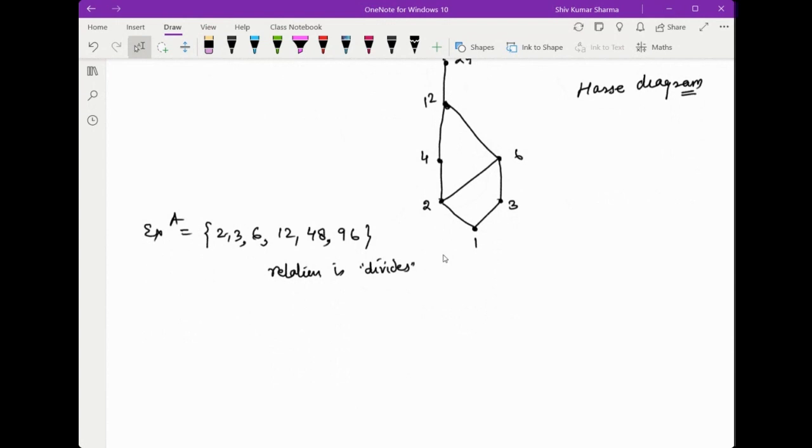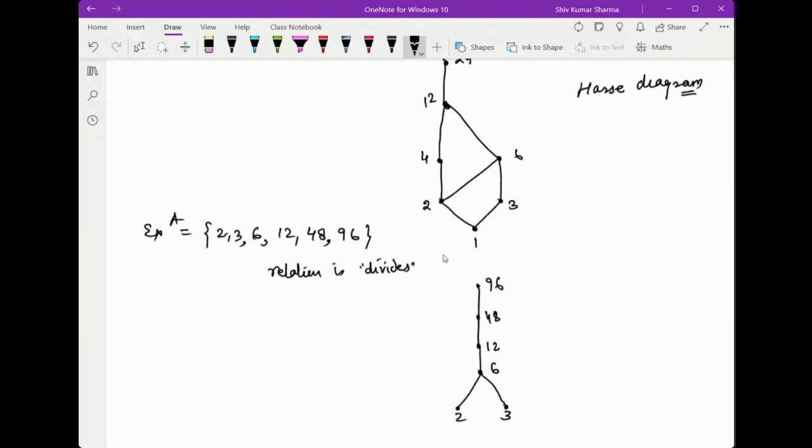But in this case, we take two initial elements, which are 2 and 3, because 2 and 3 both divide 6. And 6 divides 12, 12 divides 48, and 48 divides 96. So this is the Hasse diagram for this.